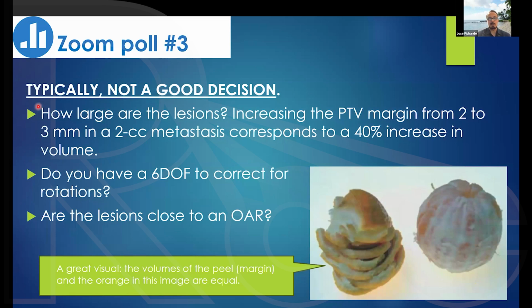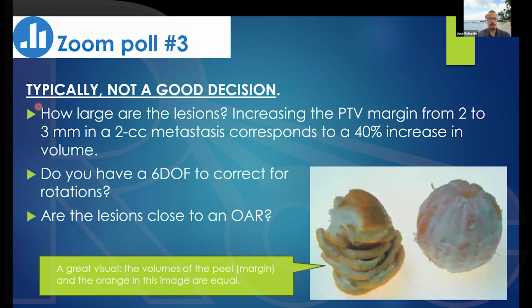That's a pretty large increase in volume. Do you have a 6 degree of freedom couch to correct for rotations? If you don't, then it's a bad decision. If you do, well, it depends. Maybe if you're able to correct your rotations below a residual angle that guarantees that your margin is sufficient, then maybe that's okay.